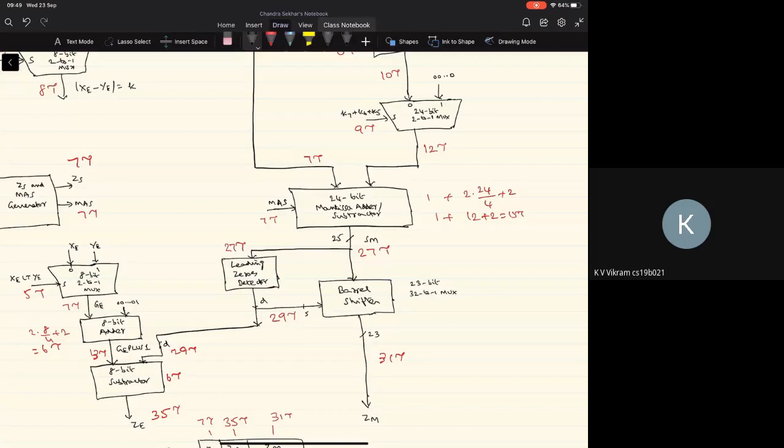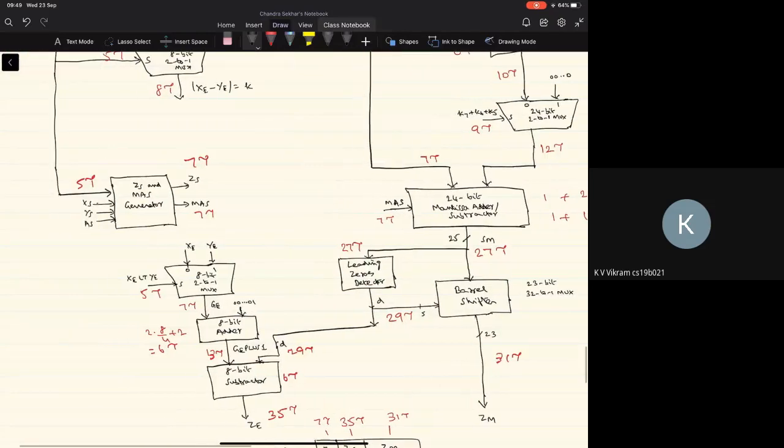I know that this is a little bit involved circuit, as I said earlier in the class. I'll upload the notes on the module and also on the Google Drive. So please go through this circuit, and if you have any questions, we can discuss that in the next class.